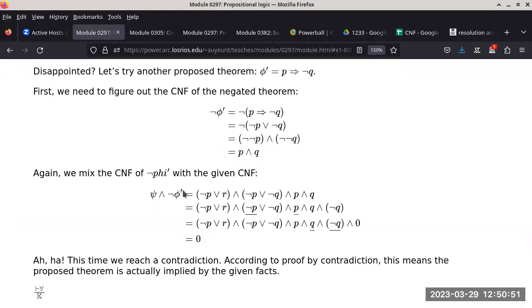It basically means this thing here is false. But according to proof by contradiction, that is enough to conclude that phi prime itself, in this particular example, is implied by psi. And that explanation was presented earlier, which talks about why proof by contradiction works.